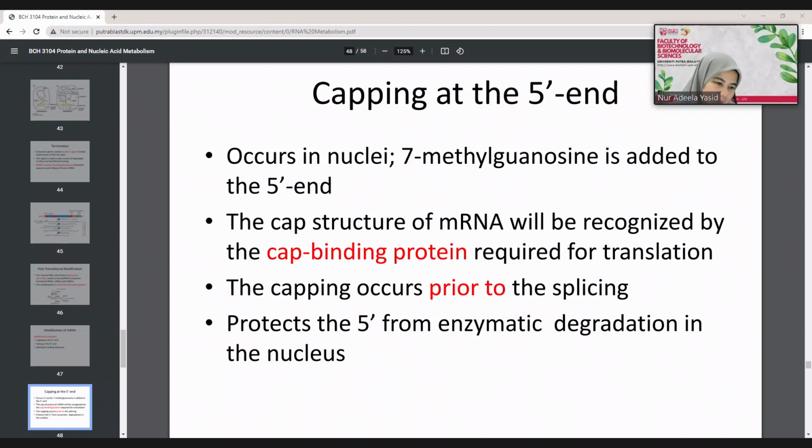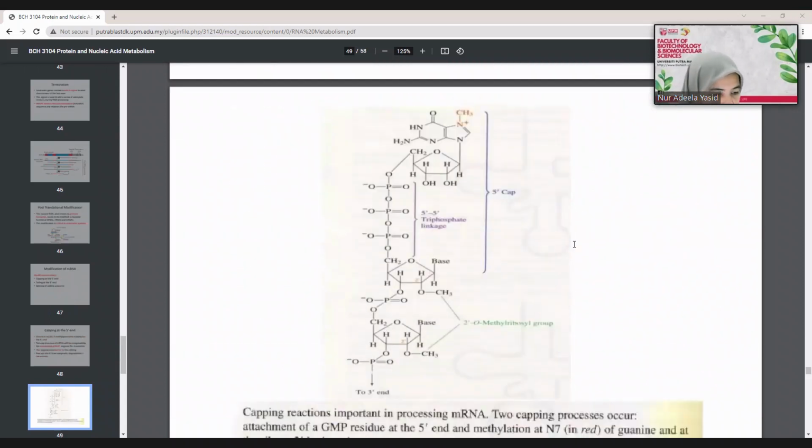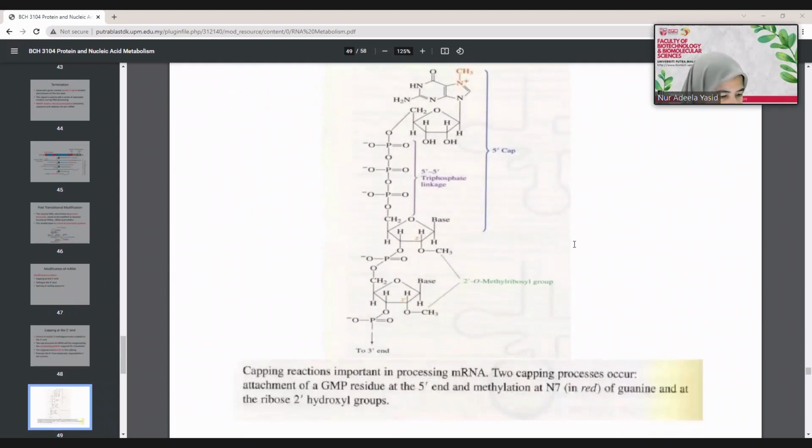Basically it helps to protect from breakdown, from degradation, and it also helps the ribosome attach to the mRNA and start reading to make a protein. But one of the important keywords is that it protects from degradation. So this is what is meant by capping in mRNA.